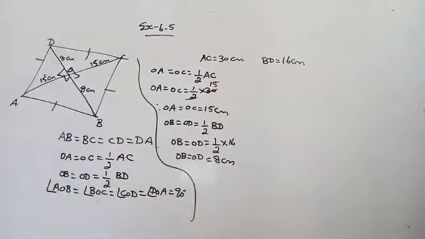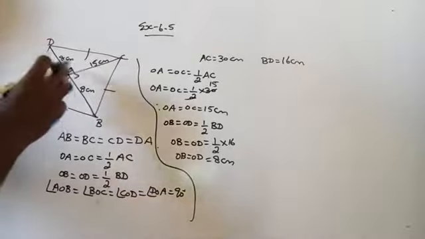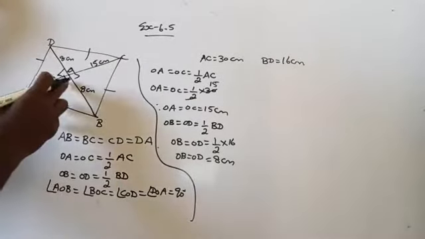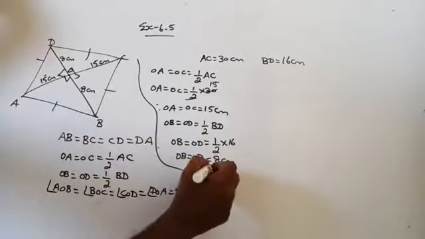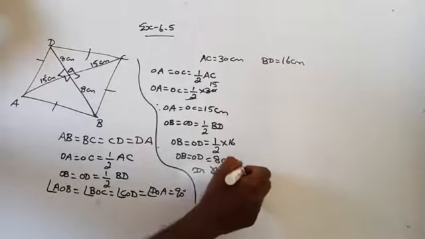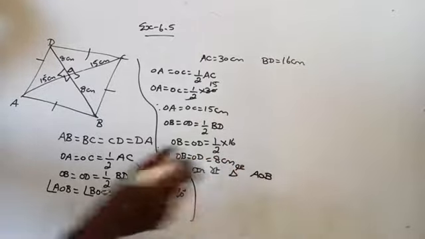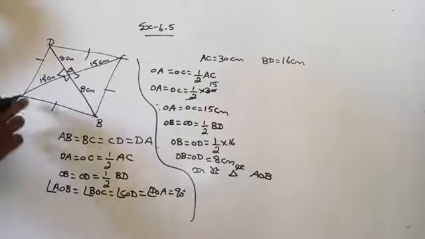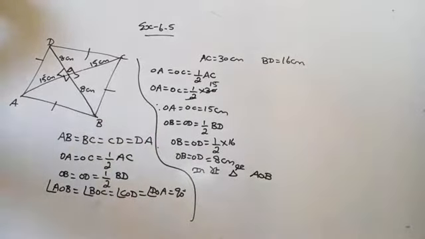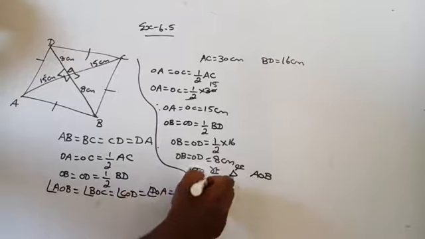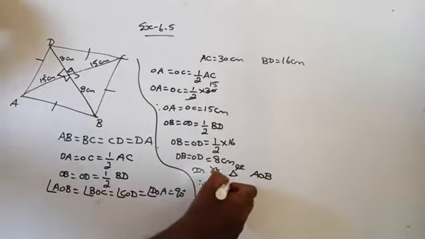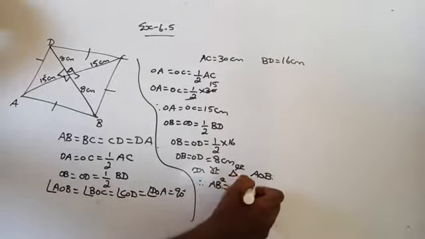Now AOB is a right angle triangle because this angle is 90 degree. In right triangle AOB, which one is the hypotenuse here? The side AB is the hypotenuse because that is the side opposite to the right angle. So the square of the hypotenuse is equal to the sum of the squares of the other two sides.